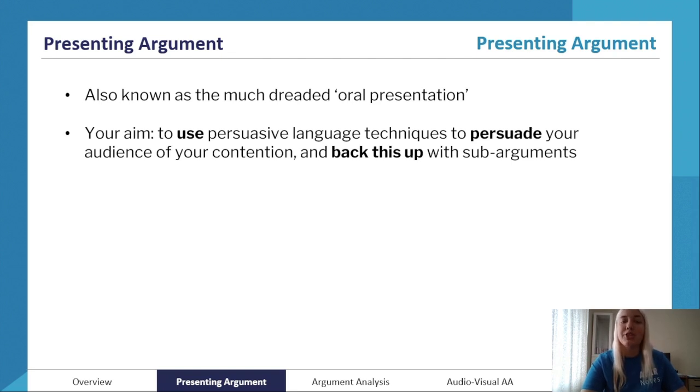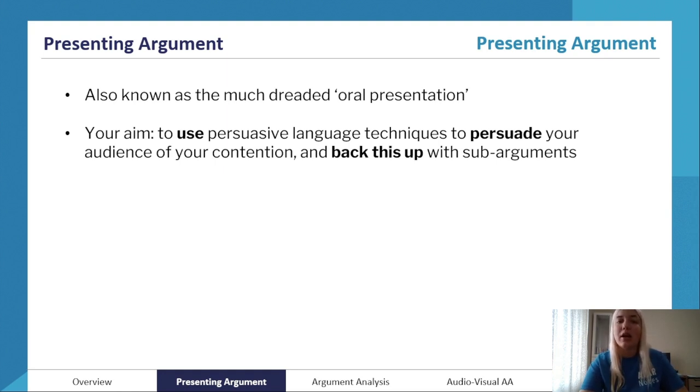Now, the time limit generally varies depending on your school, but the time limit may limit how much detail you can go into when giving a specific argument, but ultimately, you must have 3 arguments for this task, as well as a counter argument. So generally, your first argument within your oral will be about introducing the issue and the main reason of why you are for or against that issue.